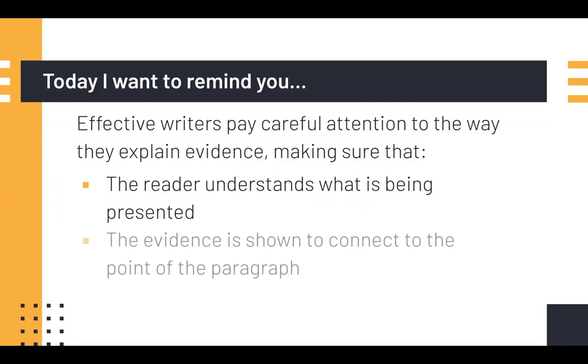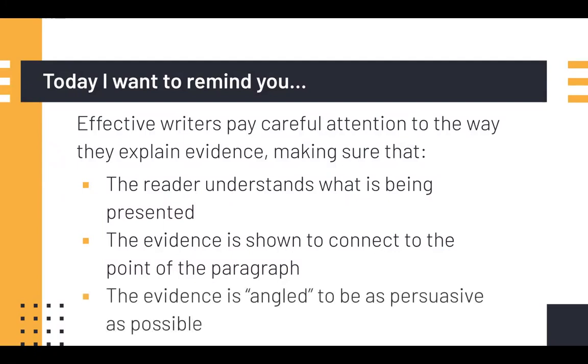Or can you just move on to showing how it connects to your overall point, angling it to be as persuasive as possible, perhaps by developing some of the ideas there and explaining to your reader why those ideas are so important and how they support your argument.